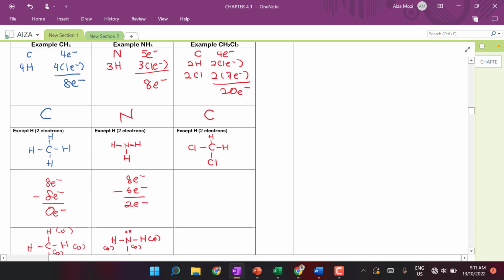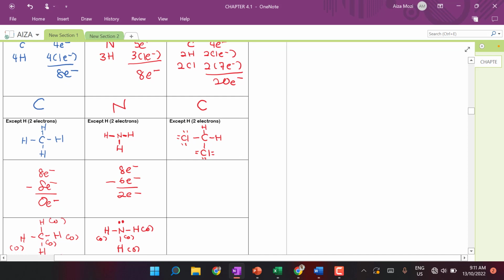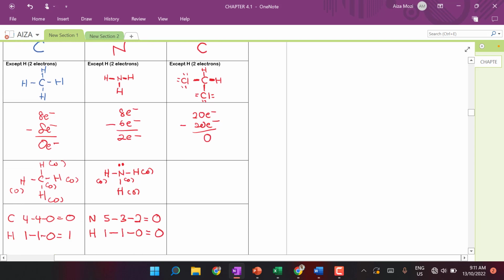Next you need to octet Cl only. Hydrogen no need to octet. So add another 6 electrons so that Cl will be surrounded with 8 electrons. So 20 minus 2, 4, 6, 8, 10, 12, 14, 16, 18, 20. So basically there are no electrons to be placed on the central atom.